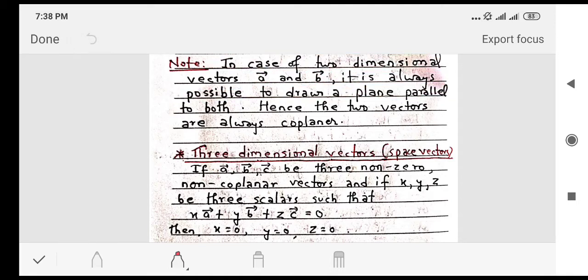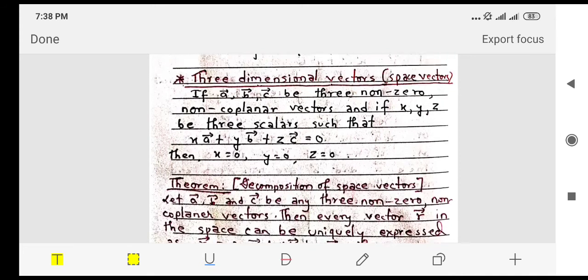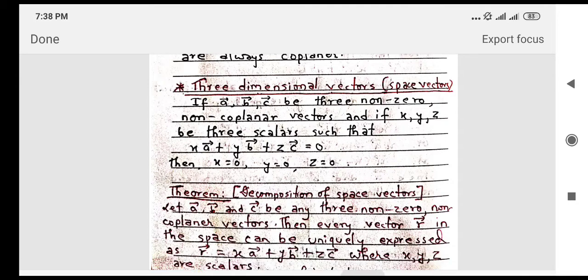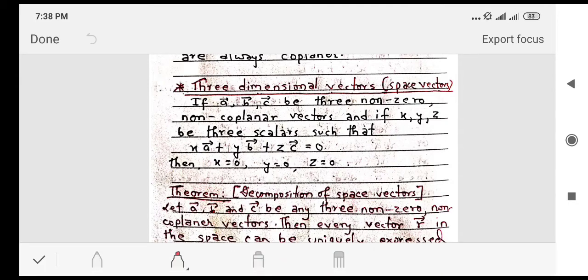Now let's move ahead. Three-dimensional vectors, again one note is there, as we had for two-dimensional. This note is about three-dimensional vectors or space vectors.